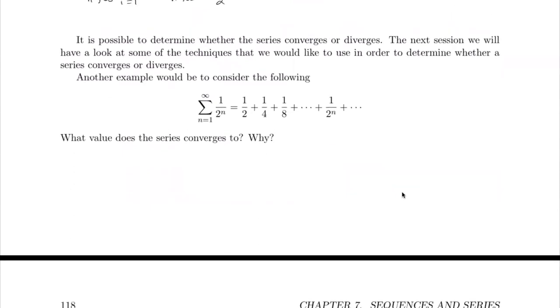Let's have a look at the series of 1 divided by 2 to the power n, which is given by this expression over here. What value does this converge to, and why? Well, let's have a look. If we keep adding more terms, we start with 1/2, adding a quarter makes it 0.75, adding an eighth makes it 0.875, and 1/16 will make it closer to 0.9 something.